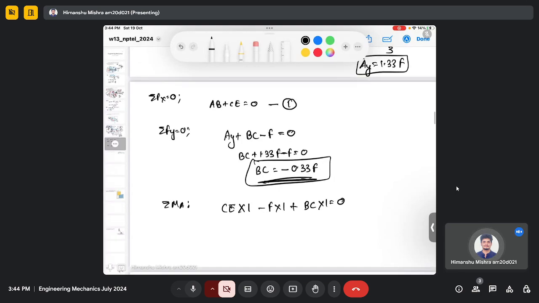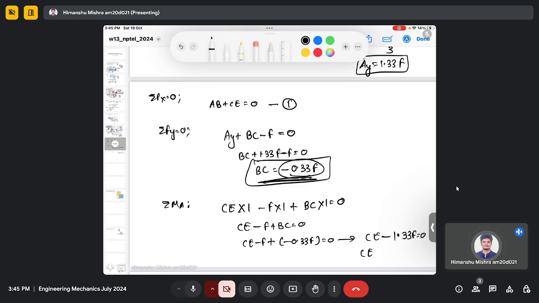So on solving this, we have CE minus F plus BC equal to 0. CE minus F plus, so BC was minus 0.33 F, so it's minus 0.33 F equals 0. So it's minus 1.33 F equals 0.